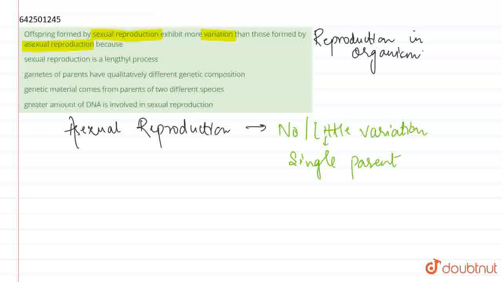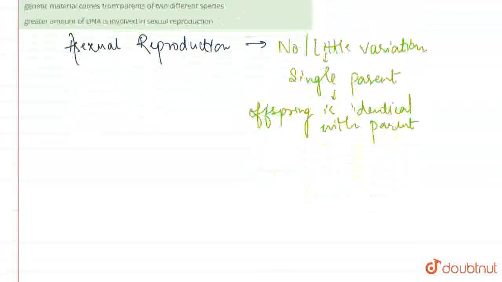There is no scope for variation in that. Identical copies are formed, single parent, and the offspring is identical with what? The parent. This is the basic understanding of asexual reproduction.